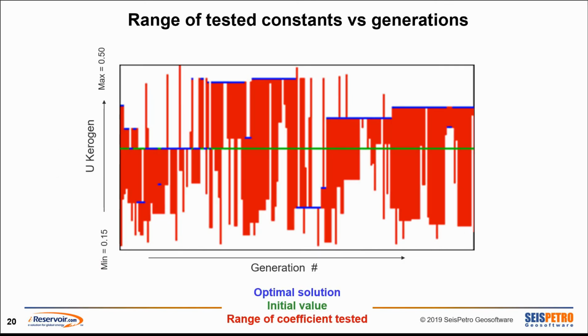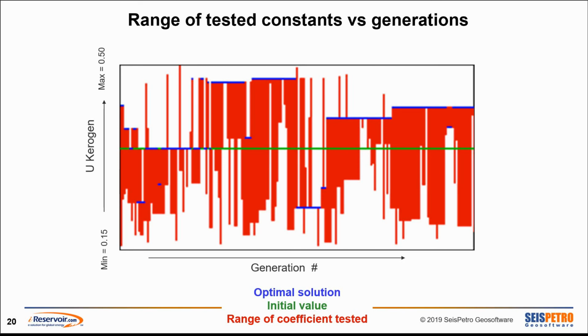The outputs of the algorithm can be analyzed in different ways. Here is a plot of the range of tested constants versus generations. The generation number is in the horizontal axis. The range of tested values is in the vertical axis.